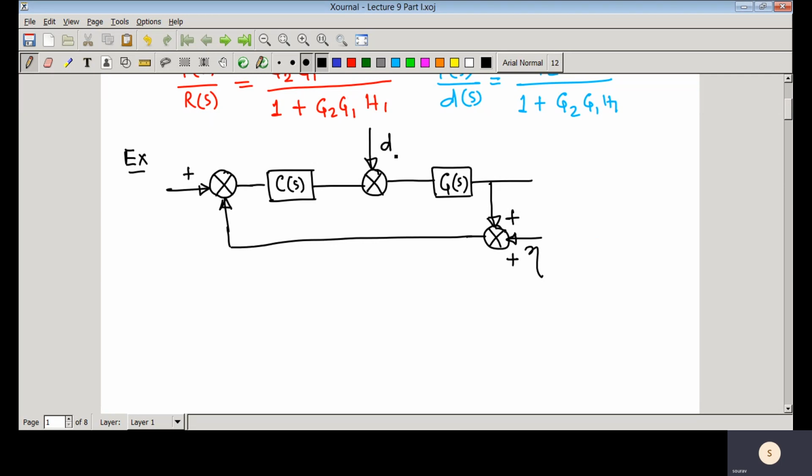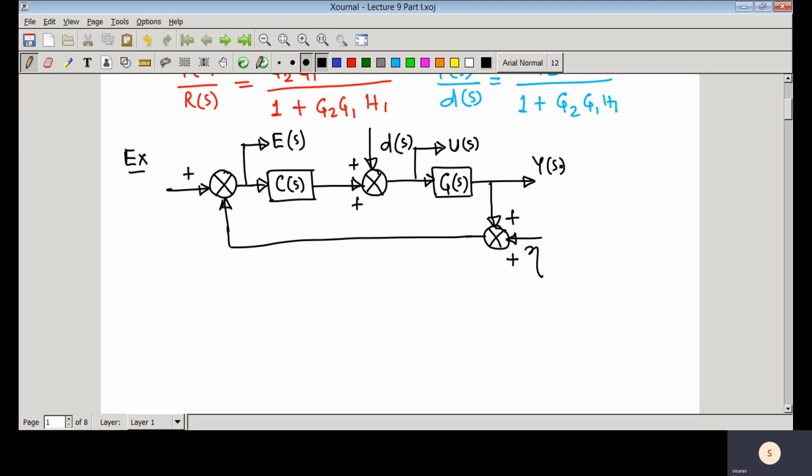Suppose disturbance entering here, that is DS plus. Suppose you are interested in the error signal here, ES, and this is that control input feeding to that plant, that is US, and this is that measured output YS.